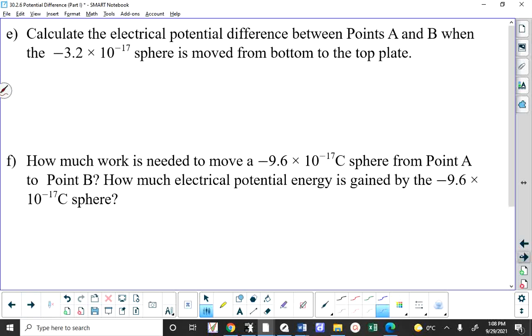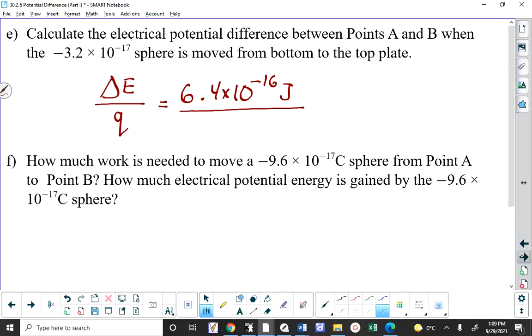So let's use that formula to calculate the electrical potential difference between A and B when we move that charge. That would mean we have to take the change in energy divided by the charge. The change in energy was 6.4 times 10 to the negative 16 joules divided by the charge, which is 3.2 times 10 to the negative 17 coulombs.